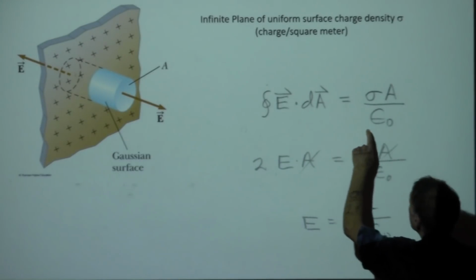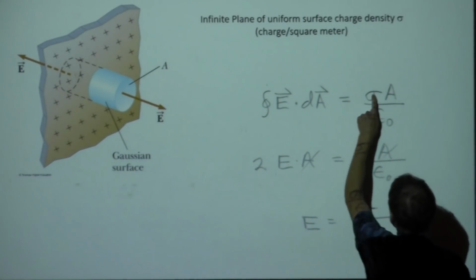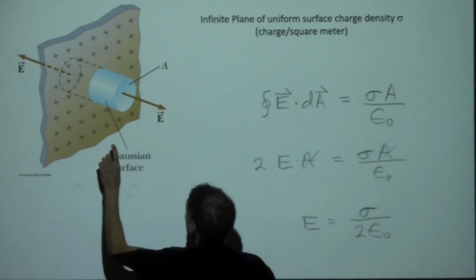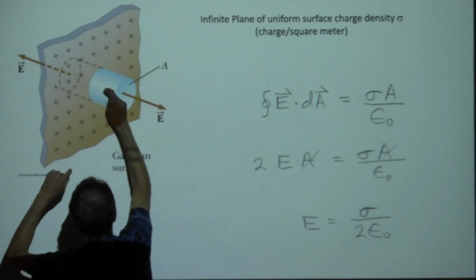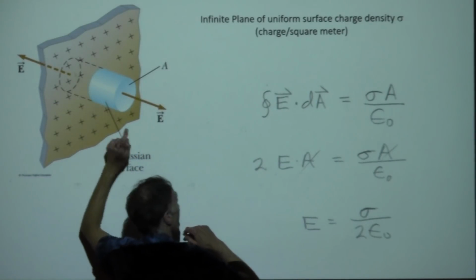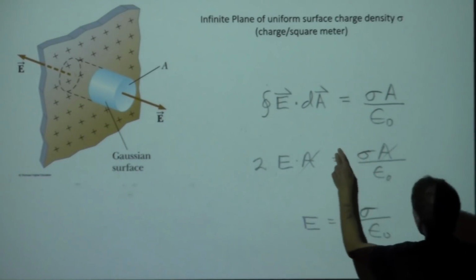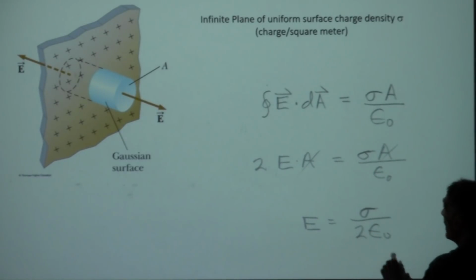The charge inside is going to be this sigma, the charge per unit area, times the area. Now you've got some area of these things. There's also going to be an area inside, and that is going to be the charge that's going to be inside the Gaussian surface. So that's the product of those two.